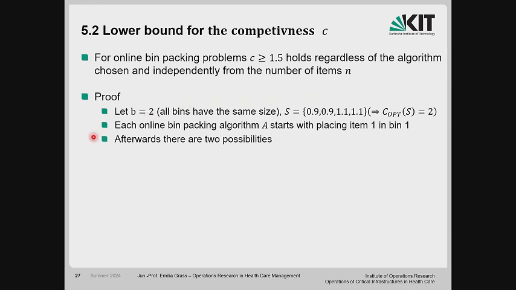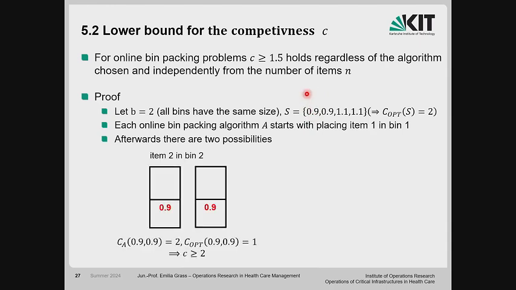Each online algorithm, it doesn't matter what kind you are using, will start by placing item 1, the 0.9, in the first bin. So this is valid for every algorithm. And then we have 2 possibilities. Either we open a new bin and place the second request in that one.